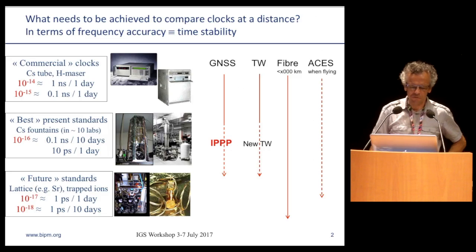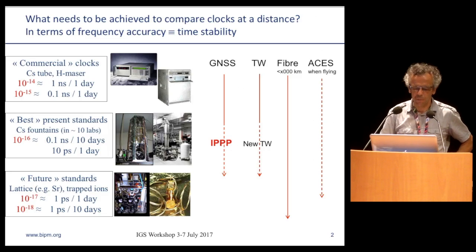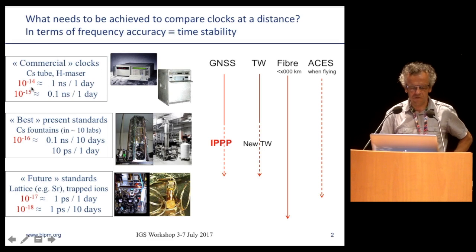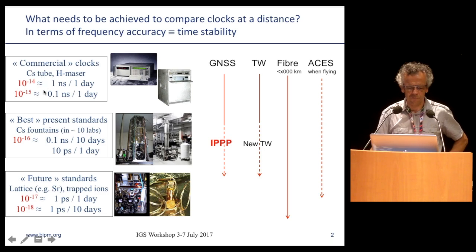So for those of you who don't know much about what we are talking about, frequency transfer and clocks to be compared, this is a short sketch showing the types of clocks and frequency transfer uncertainty that we aim at: for standard commercial clocks, 10^-14, 10^-15; for the best cesium fountains, 10^-16; and for the coming cold atom clocks or trapped ion, 10^-17 and 10^-15.